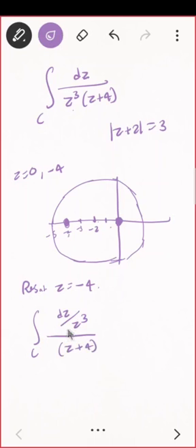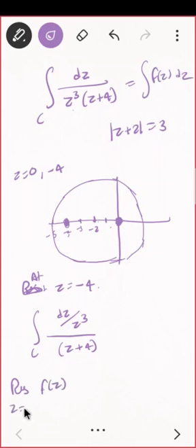The numerator is analytic at z equal to minus 4, so it is not a problem for me. So what is the residue? You can write it as integral f of z. Residue of f of z at z equal to minus 4, it will be what? Can somebody tell me?